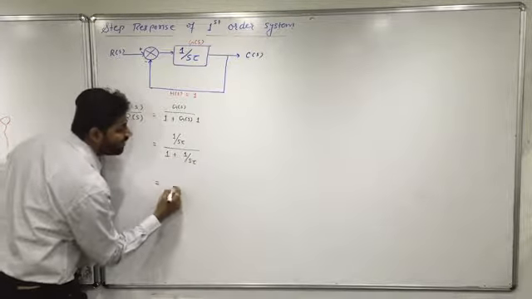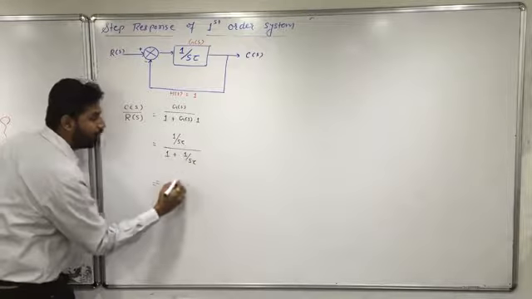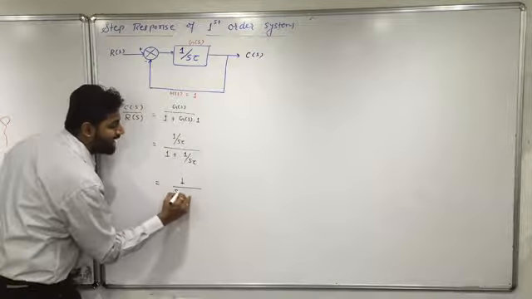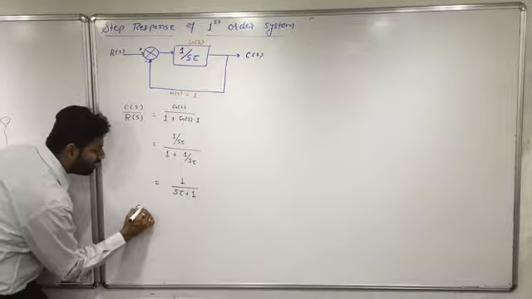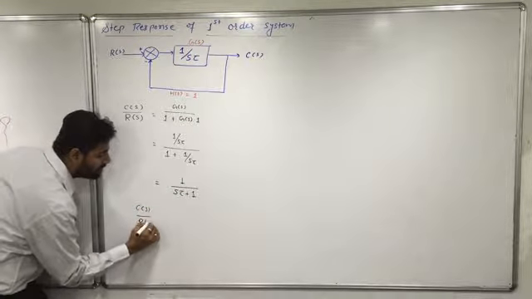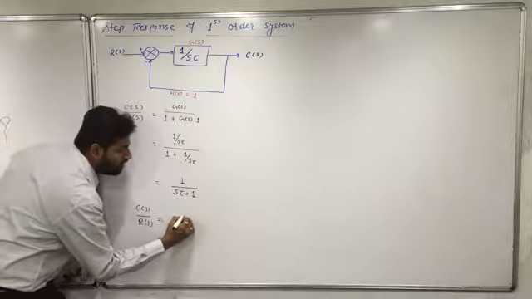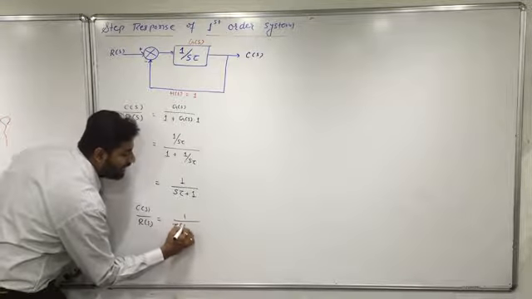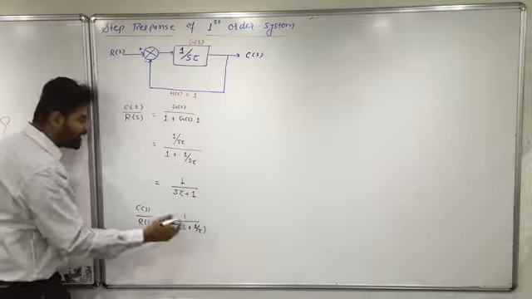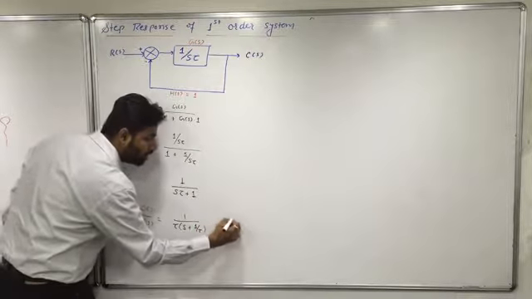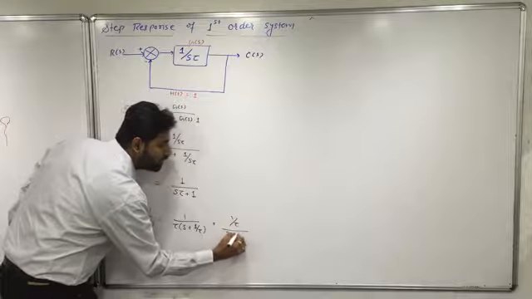I will take the LCM, so s will get cancelled out. I will have 1 divided by s tau plus 1. I will take tau common, so C of s upon R of s is equal to 1 upon tau times s plus 1 upon tau. Fine. So this I can represent in this way, which is equal to 1 upon tau divided by s plus 1 upon tau.